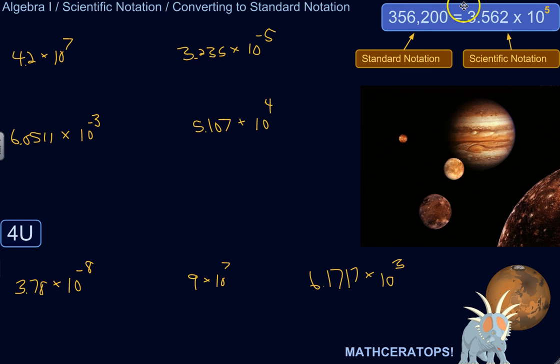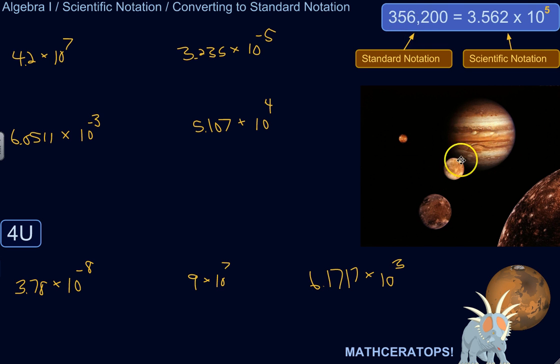So why are numbers written in scientific notation? Well, if they're gigantic numbers, it's a pain to write them in standard notation. Even a small number like a billion or a trillion is a lot of writing. But there are some numbers we would not have time to write out by hand ever.